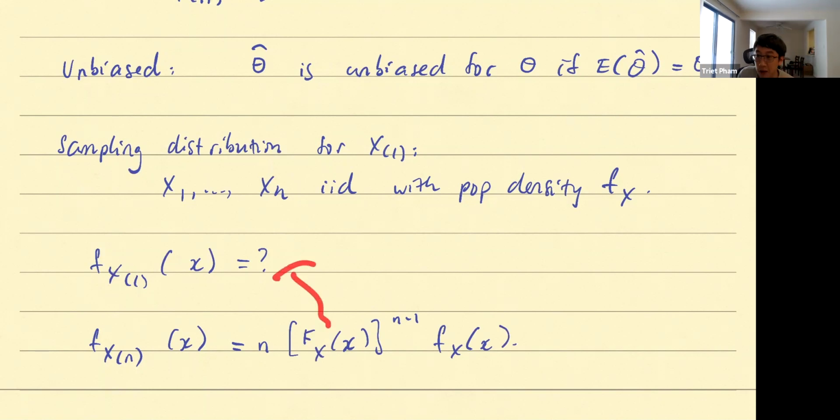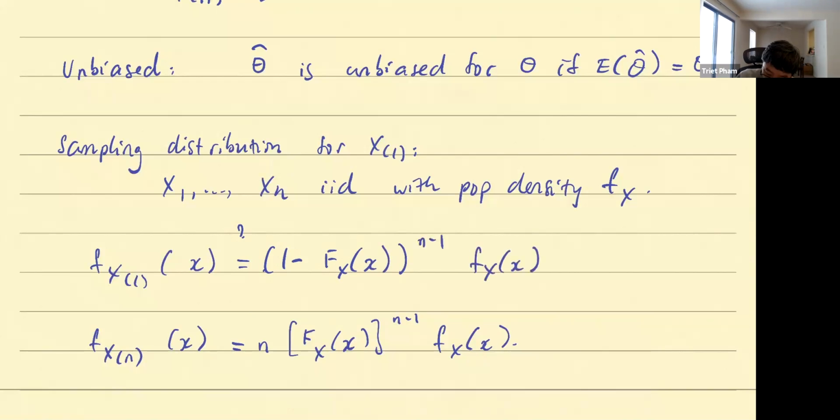Can you extrapolate? 1 minus, probably you mean F, and differentiate. So you might expect that it would be 1 minus this raised to n minus 1, times the density, with an n in front. I'll leave it as a question mark for now because that's our guess.